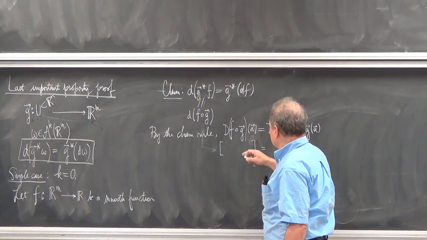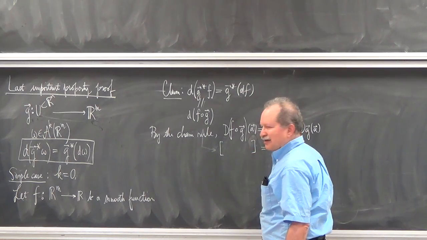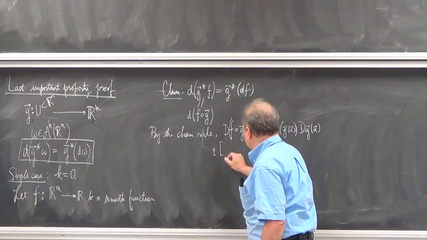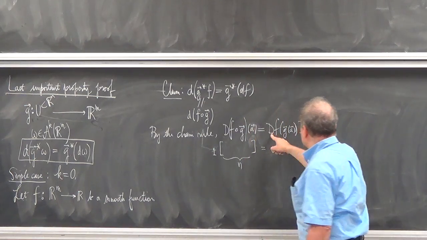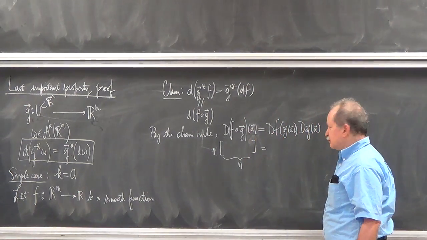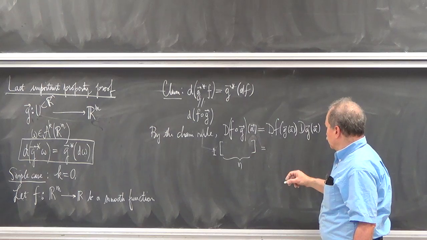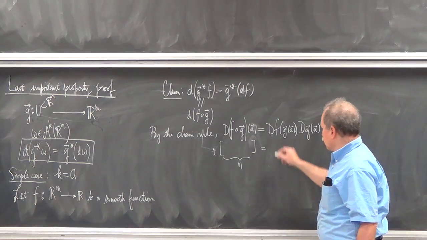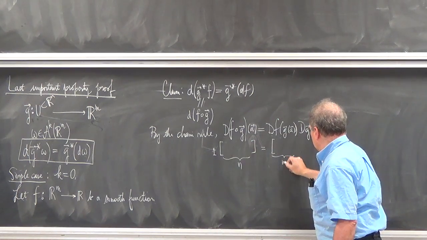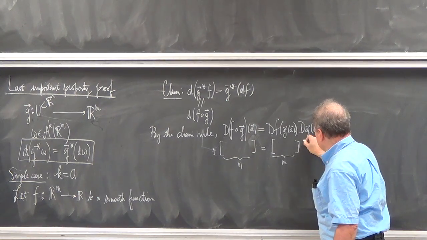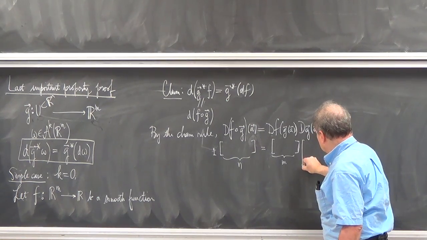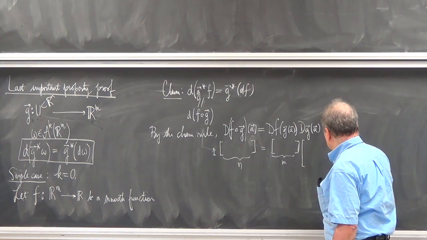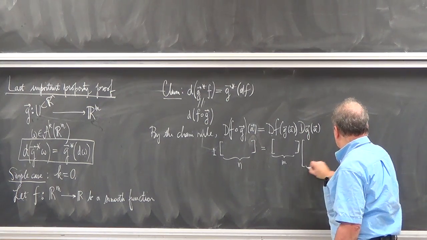F composed with g goes from Rn to R, so it's 1 by n. Okay. What's df? It goes from Rm to R, so it's 1 by m. And what's dg? It's m by n, right?